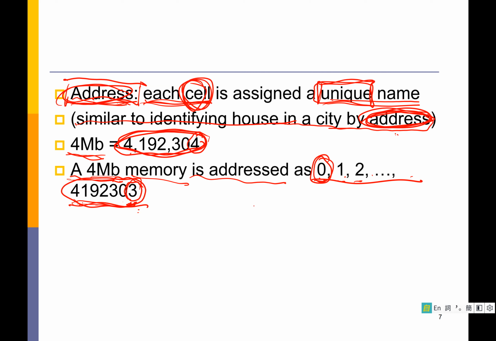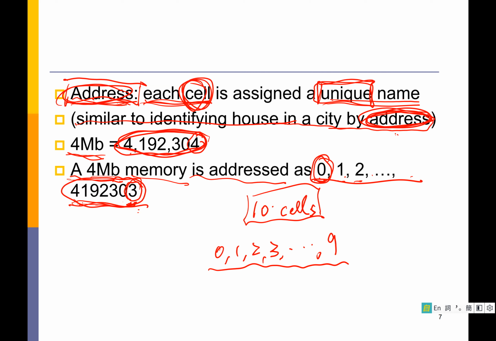Just like, say you have 10 cells, and for these 10 cells you put the addresses 0, 1, 2, 3, and so on, until 9. So 0 to 9, we have 10 cells.